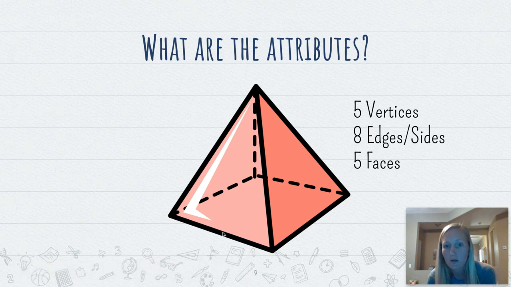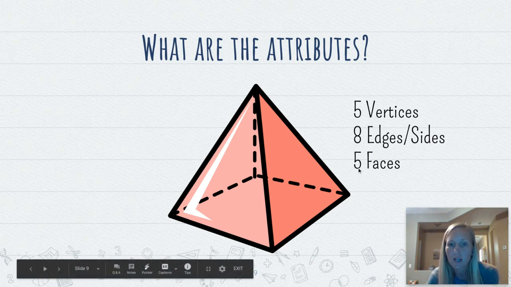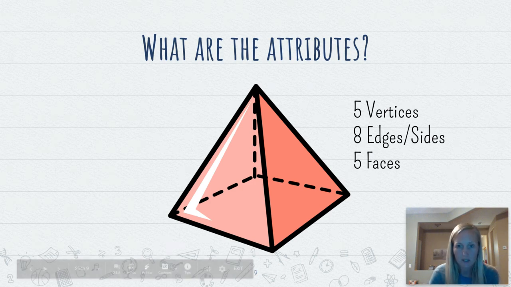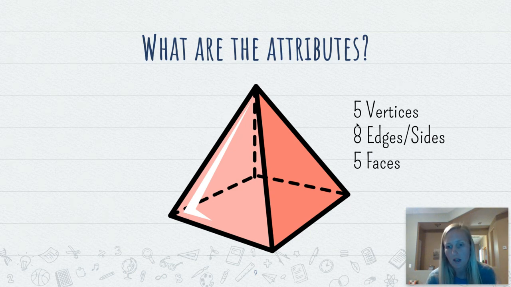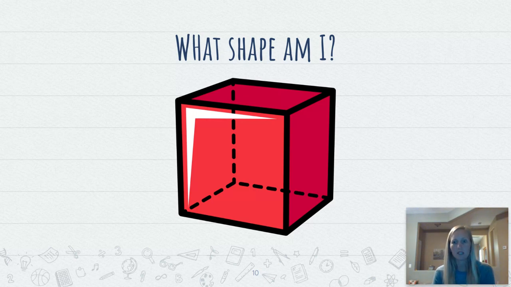It gets a little bit trickier with 3D because they are not all the same. In the previous video, a lot of the time it was the same sides, same vertices, same number of angles. Now it's different.